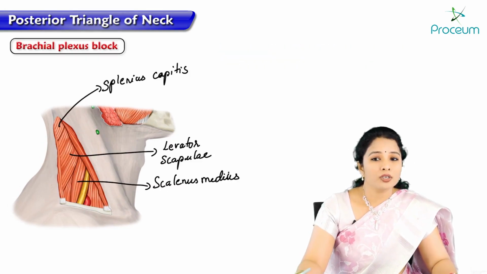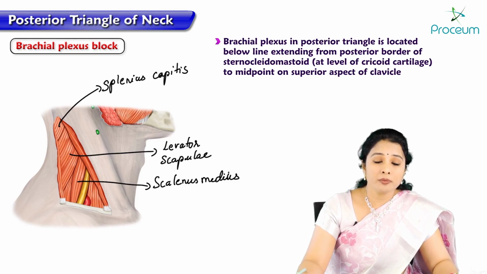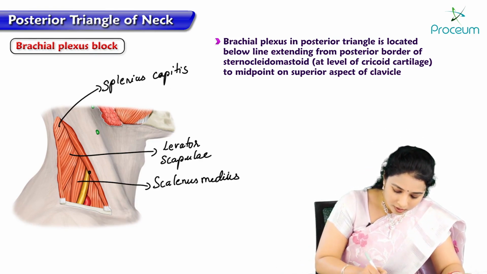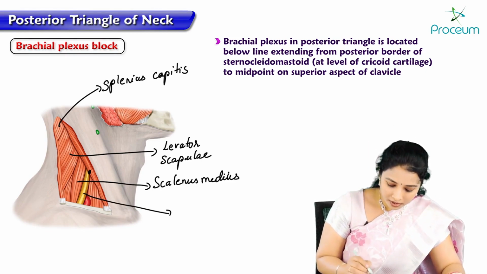Brachial plexus block. The brachial plexus in the posterior triangle is located below the line extending from the posterior border of sternocleidomastoid, that is at the level of cricoid cartilage. So here is the posterior border, we can see the brachial plexus peeping into the posterior triangle.